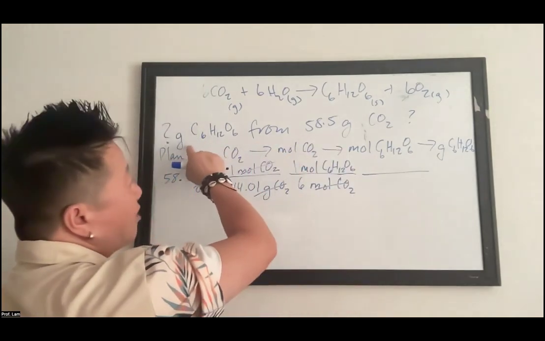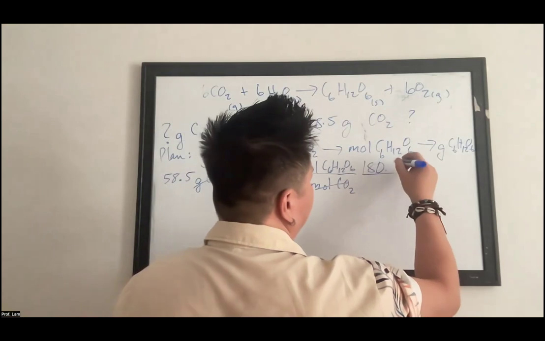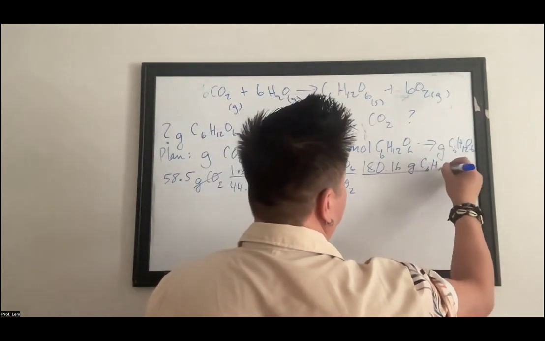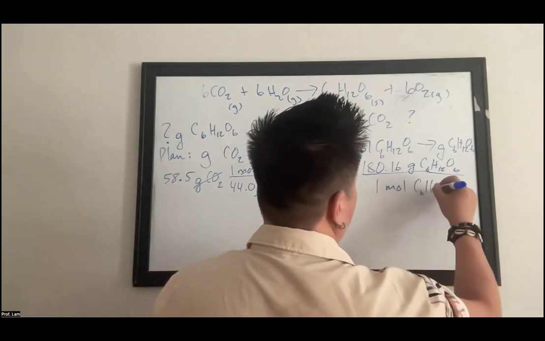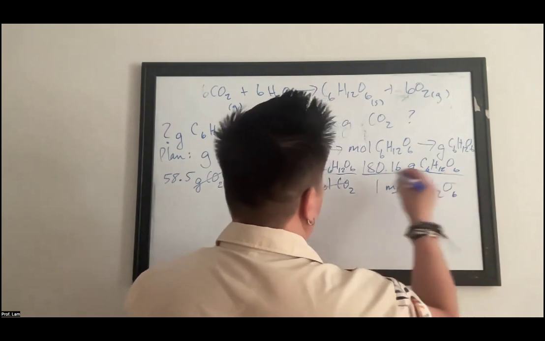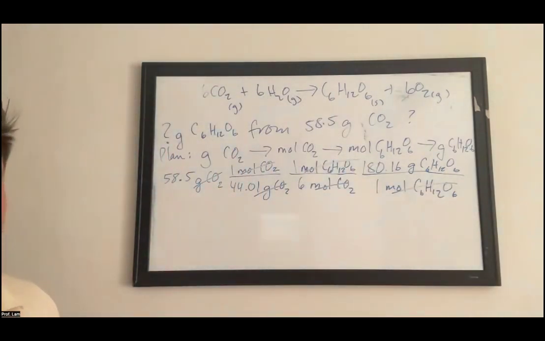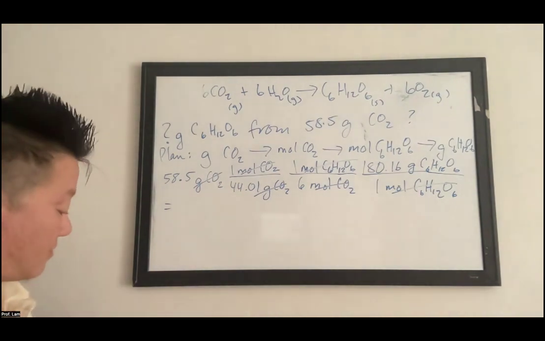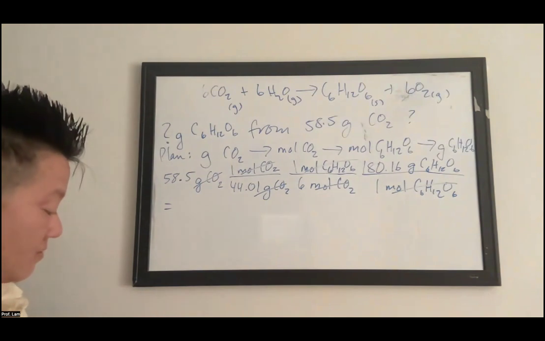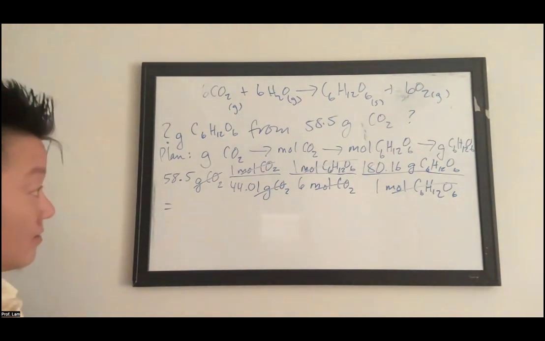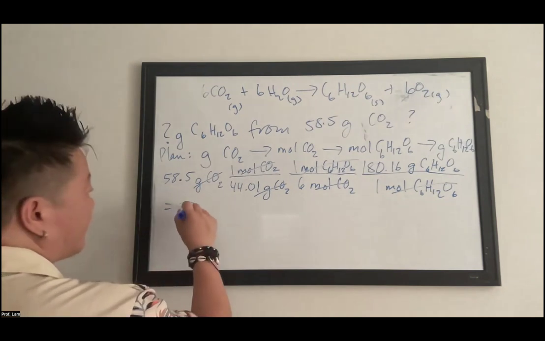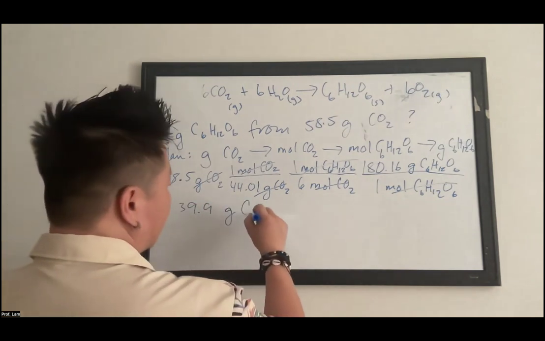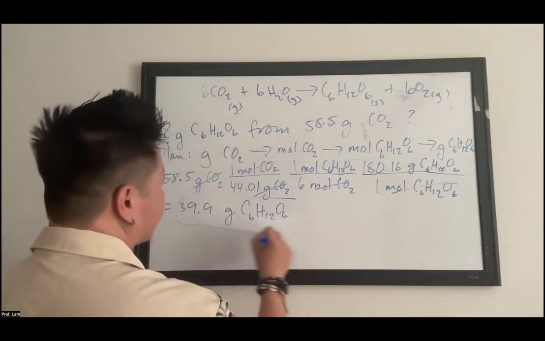Since I want grams out, 180.16 grams goes on top. And 1 mole goes on bottom. All right, let's punch that in. Three sig figs, so 39.9 grams of glucose.